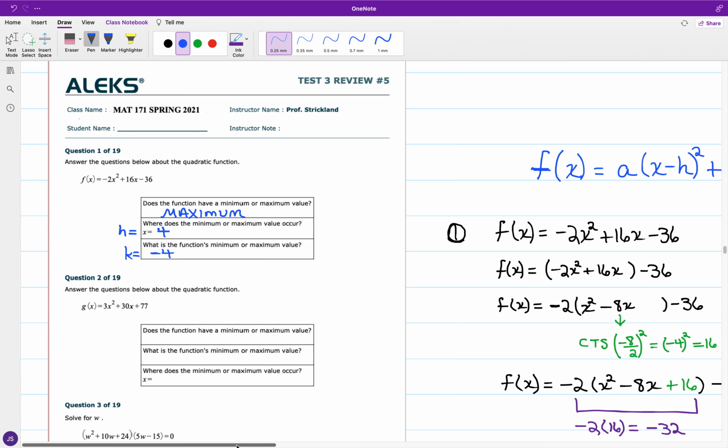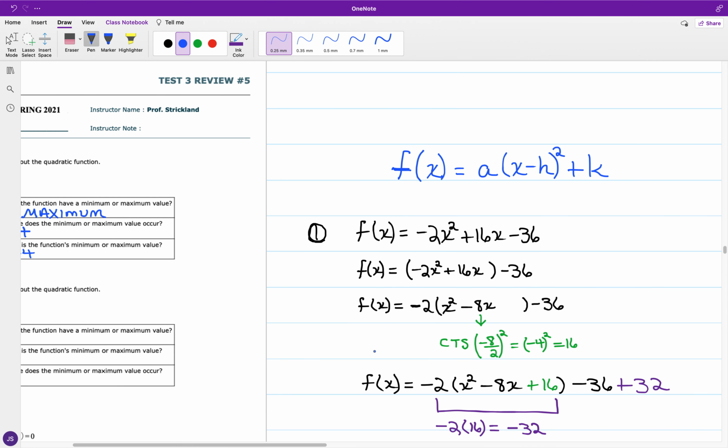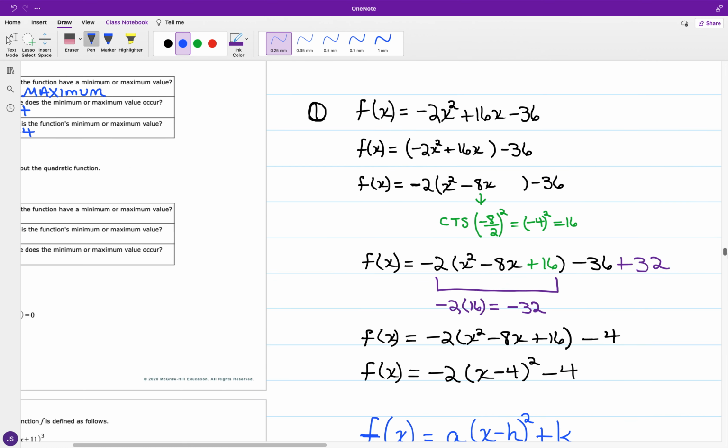And just looking at what we have regarding this quadratic function, let me change the view a little bit.